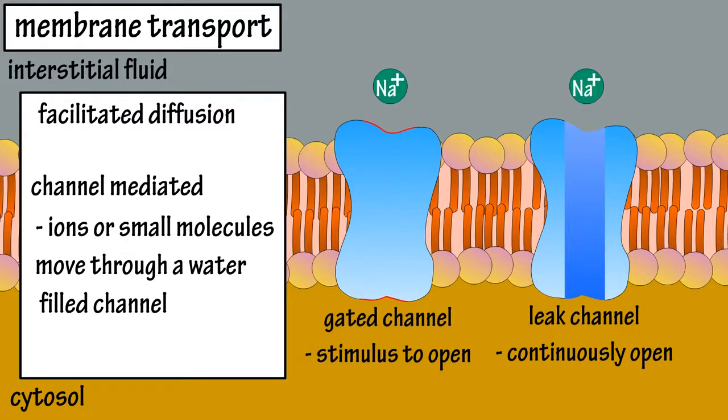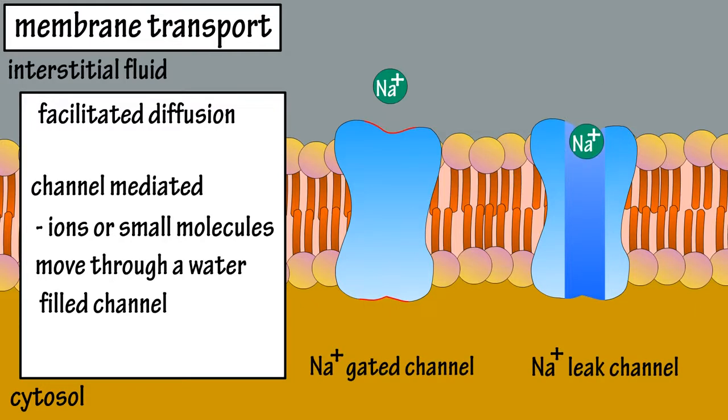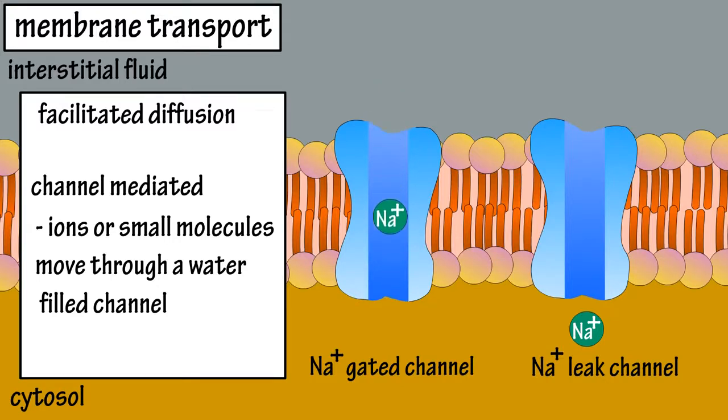So, for a sodium positive ion, it can pass through a sodium leak channel continuously, and a gated sodium channel will only open due to a stimulus to allow the ion to pass through into the cell.